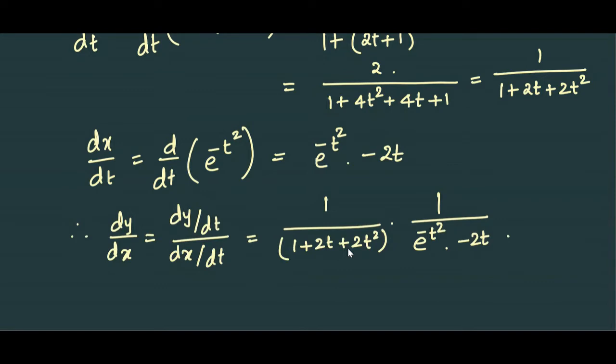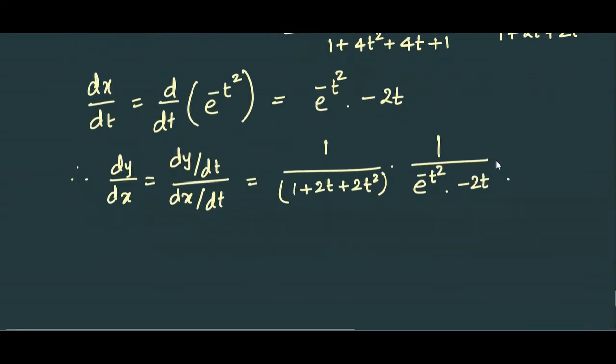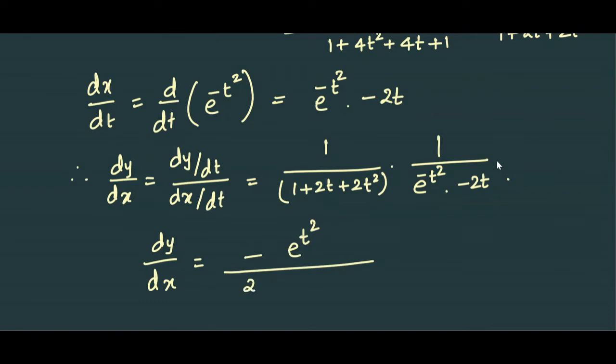So dy by dx will be, on simplification, minus e power t square upon 2t into 2t square plus 2t plus 1.